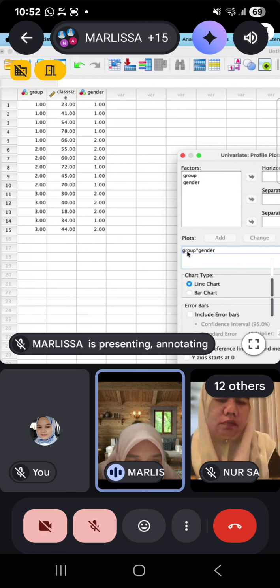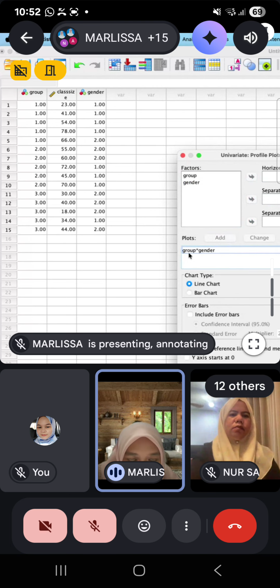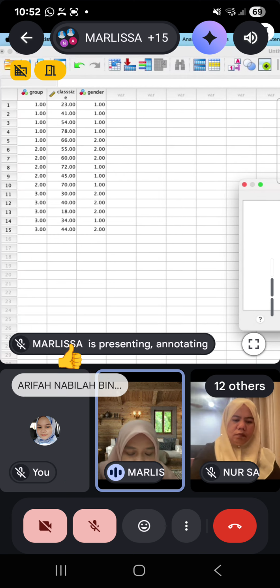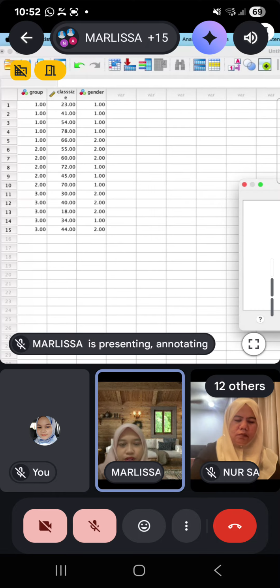So you can see here group versus gender. This is the interaction effect that we are trying to look at. Everybody okay? Click Continue.